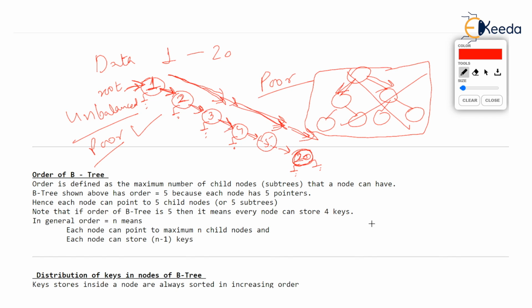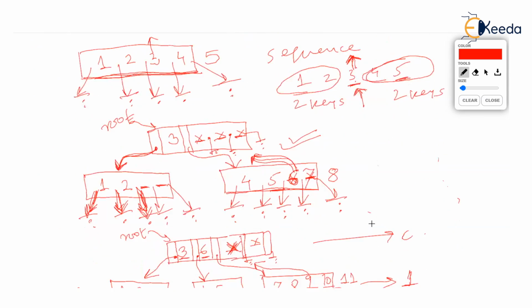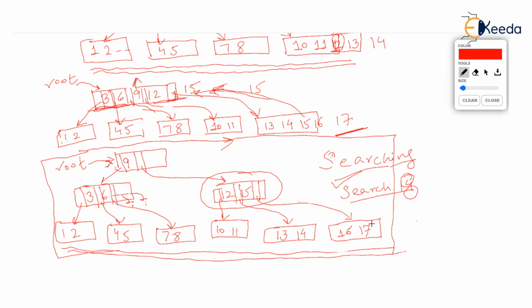So if the binary search tree is not balanced, if only one branch increases beyond bounds, then we get very poor performance. Returning back to B tree, for the same data 1 to 20, maximum 3 comparisons we will have to do for searching any value. Maximum 3 is better as compared to 20.